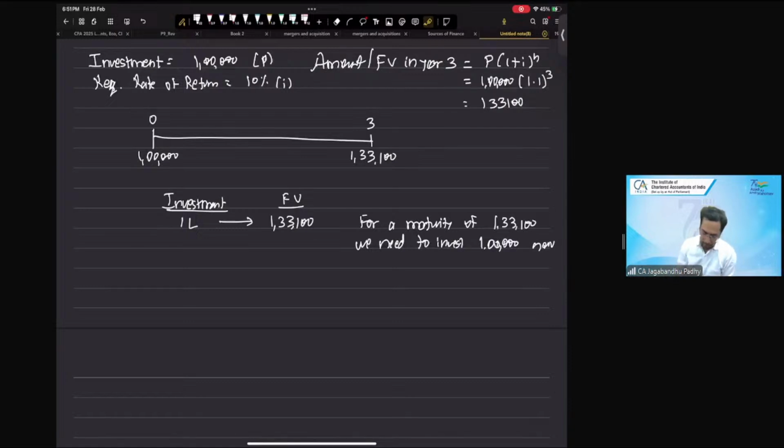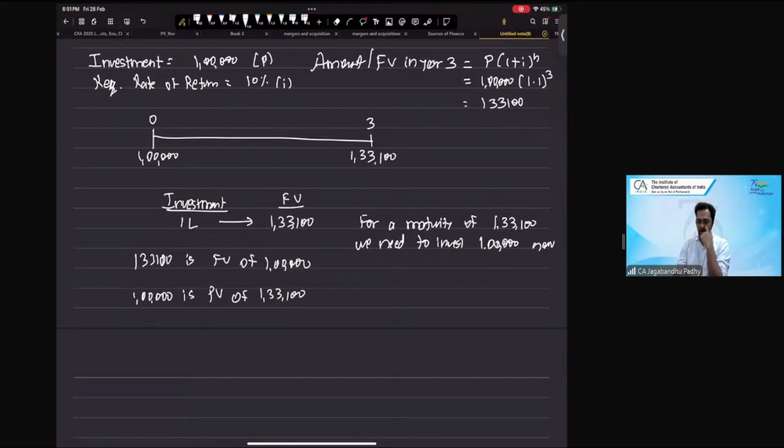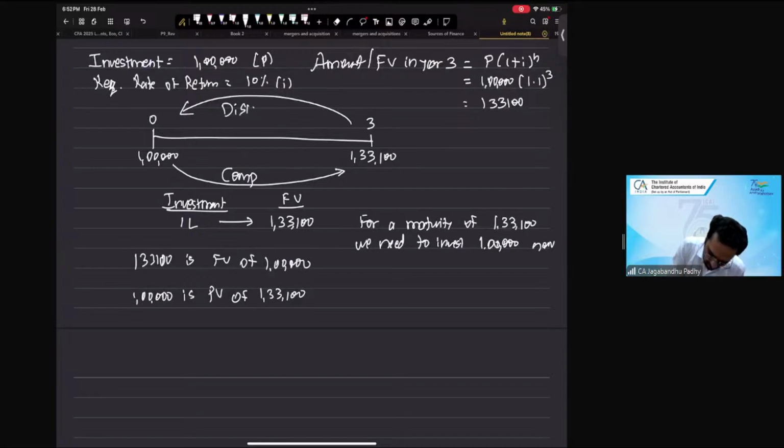So can I say 1,33,100 is the future value of 1 lakh, or you can say 1 lakh is the present value of 1,33,100. So when you go from 1 lakh to 1,33,100, this is called compounding. And when you go from 1,33,100 to 1 lakh, this is called discounting.